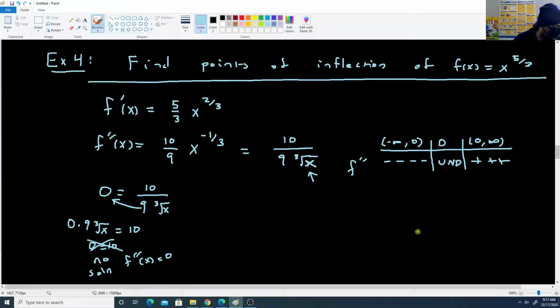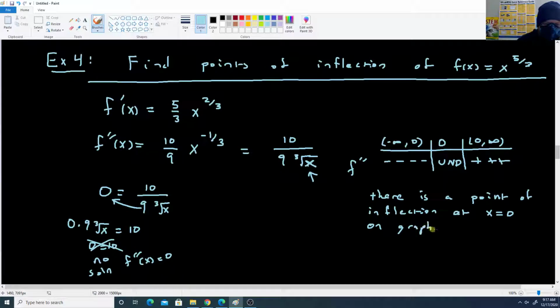So what this means is for this particular one, we have a point of inflection at x equals 0 on the graph of f. Since the second derivative is negative, the base function is concave down.